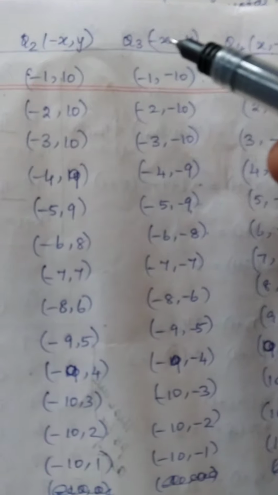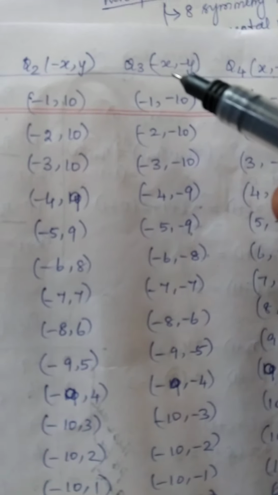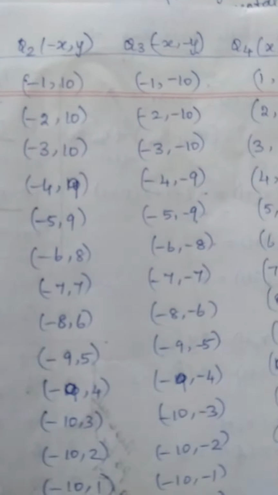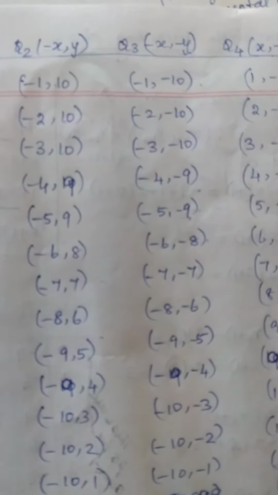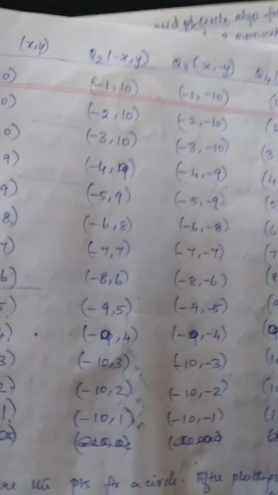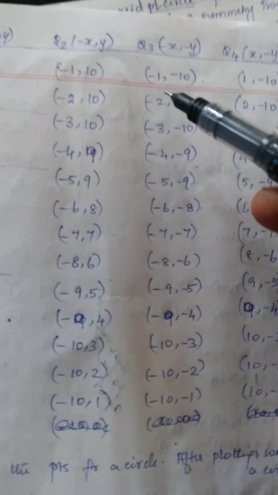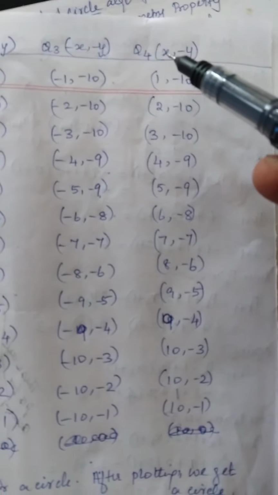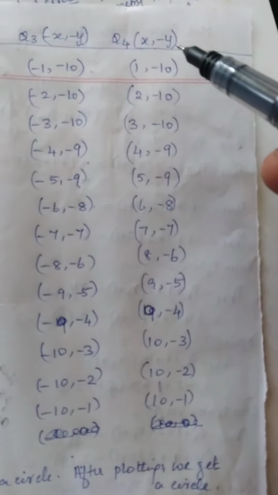And for octant 3, the values will be both in negative. Both x and y will be negative in this quadrant, so we are applying the minus sign to both values. Okay, and the fourth one is x comma minus y.